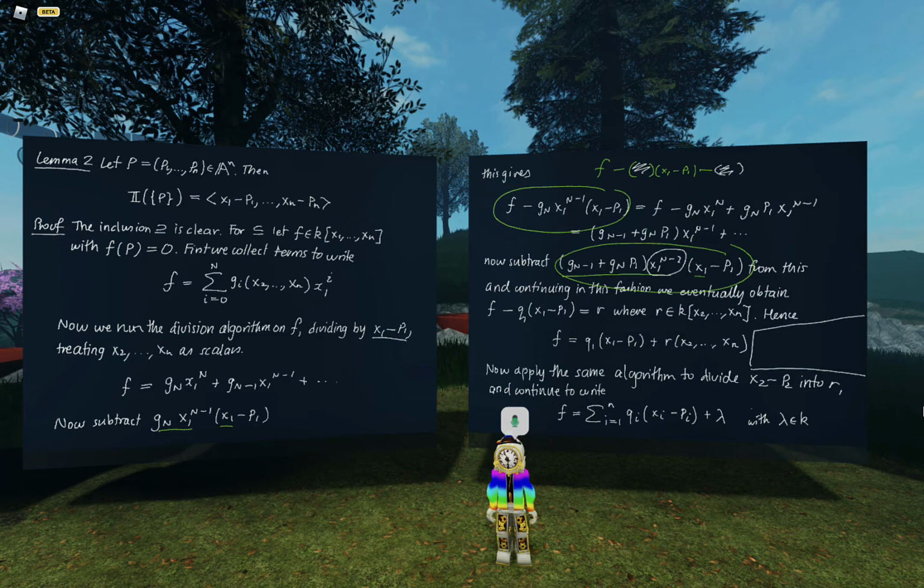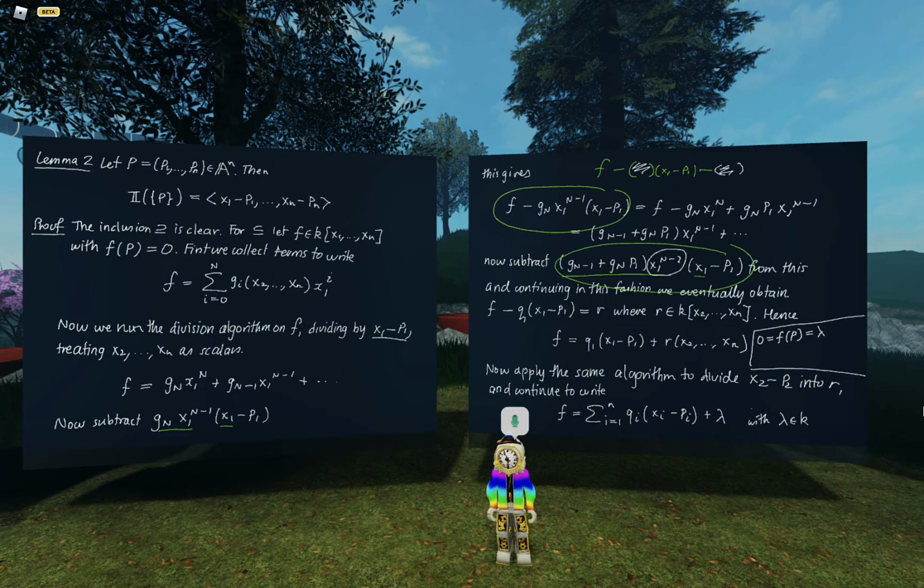I think you should see what we're about to do, right? So what was our original hypothesis? We assumed f of p was 0 back at the beginning. Well, if I substitute p, that is x1 equals p1 ... xn equals pn, into this final formula, then I get 0 is f of p, and xi minus pi all vanish at p, so that will just give me f of p is 0 plus lambda.